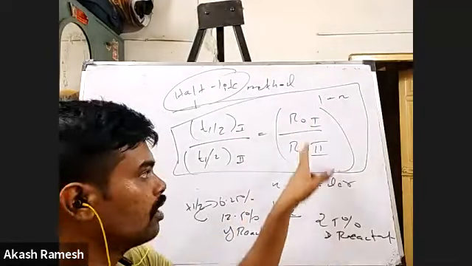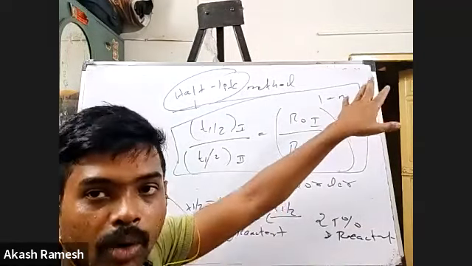Or you can write R naught of 2 divided by R naught of 1, power n minus 1. Anything is fine.